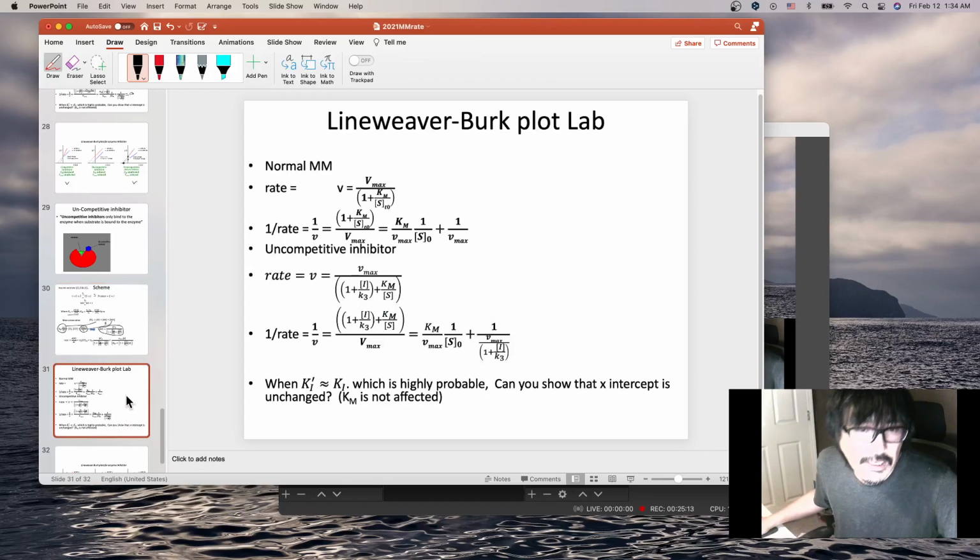So once we get the rate expression, I'm going to do the same stuff again. The Lineweaver-Burk plot: 1 over v is equal to this thing right here. Flip and then separate, right? I get this thing right here.